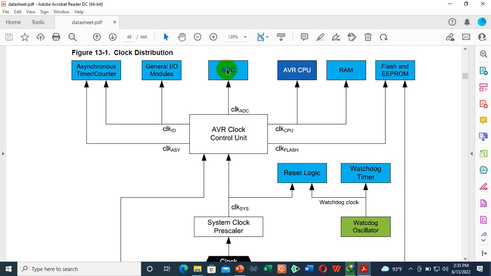Let's say 5 volt has a digital value of 1023. 0 volt is 0. 2.5 volt is 511. So 0 to 5 volt gets converted to a range between 0 and 1023 because it is a 10-bit ADC.